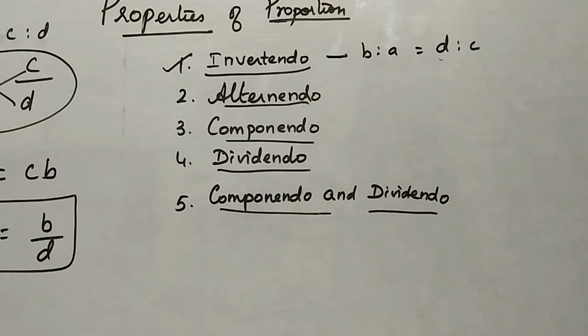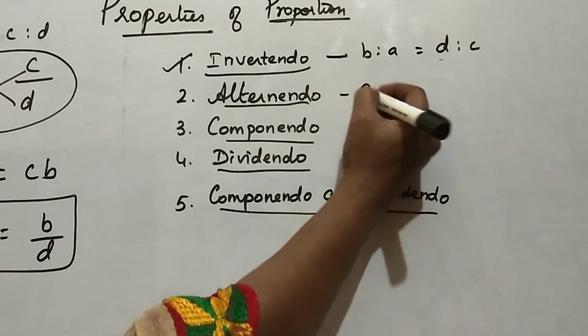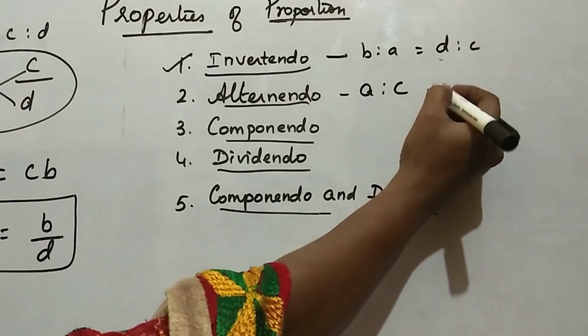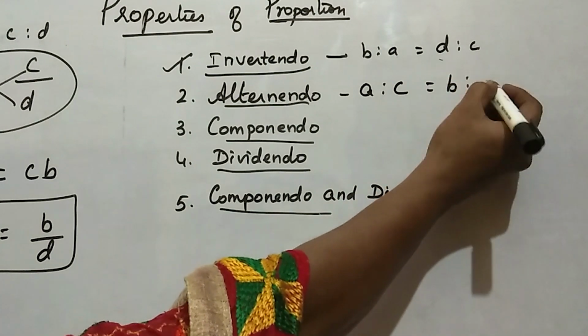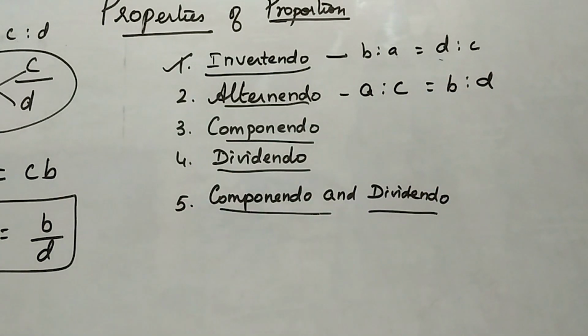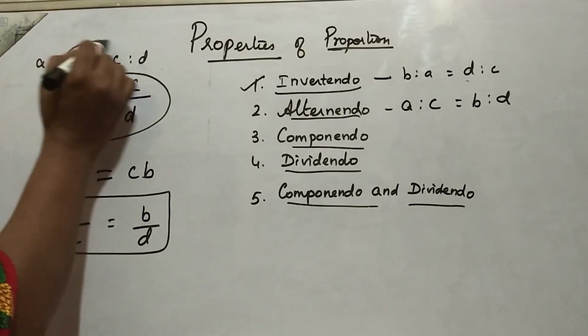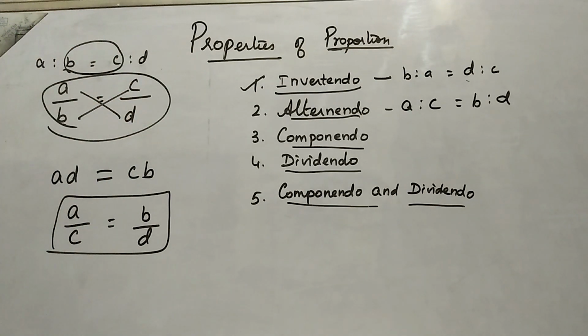Alternando. What is this? A ratio C is equal to B ratio D. Clear? Just these two interchange. That is alternando.